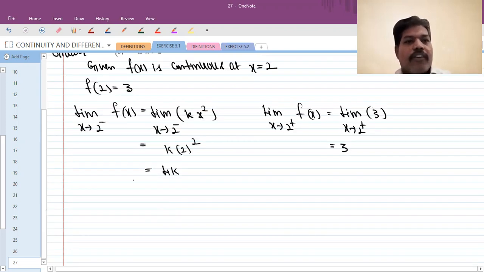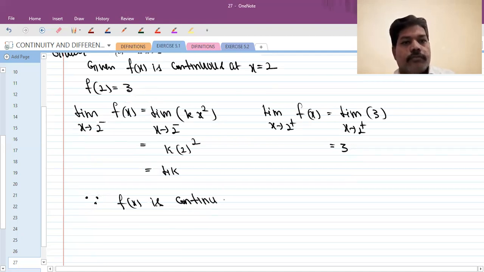So what is the given condition? Since f of x is continuous at x equal to 2, what is the meaning, students?